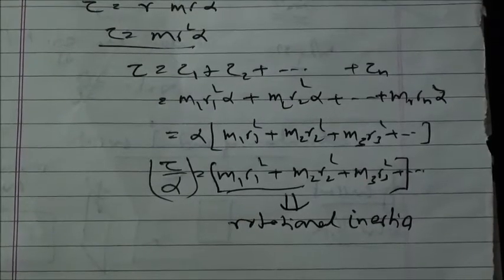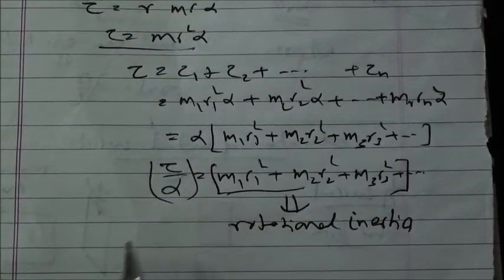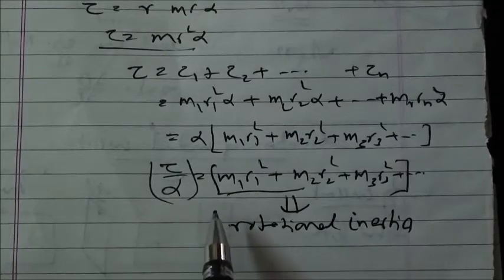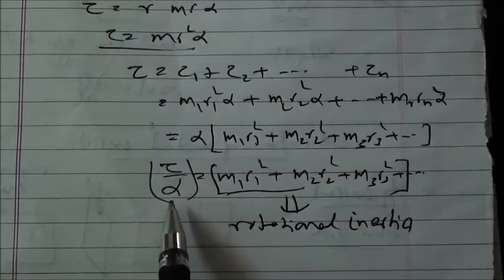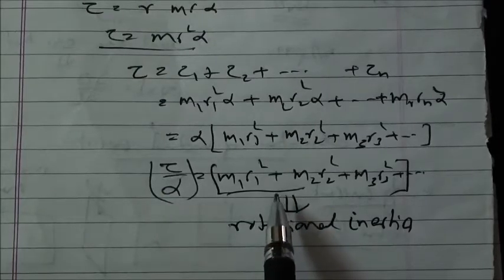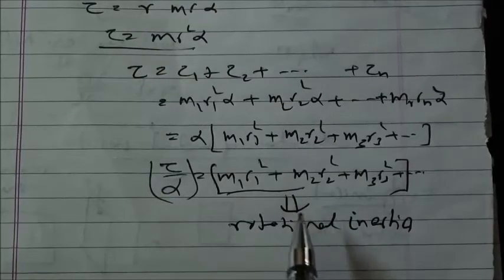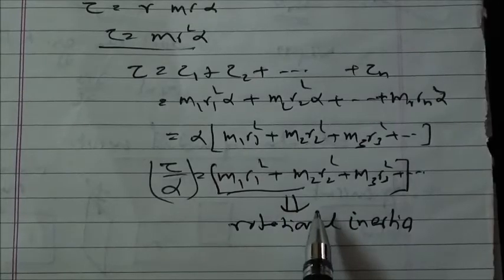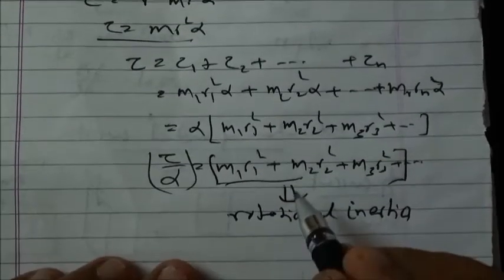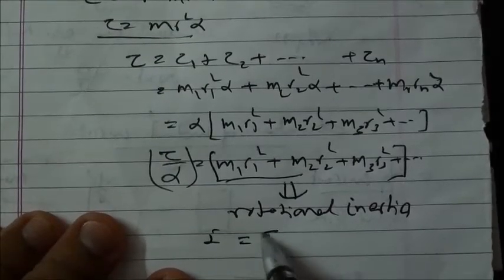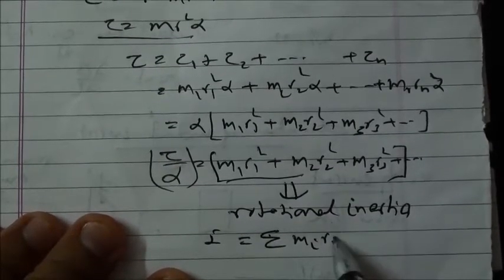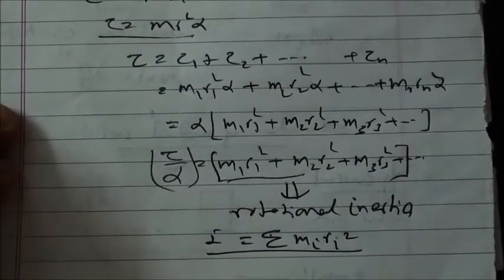So rotationally, it is just like mass in translational motion. When we apply force, the acceleration produced is inversely proportional to mass. Similarly, when we apply torque, the angular acceleration produced is inversely proportional to this quantity. This we call moment of inertia and is denoted by I. So I is summation m_i r_i square, moment of inertia.